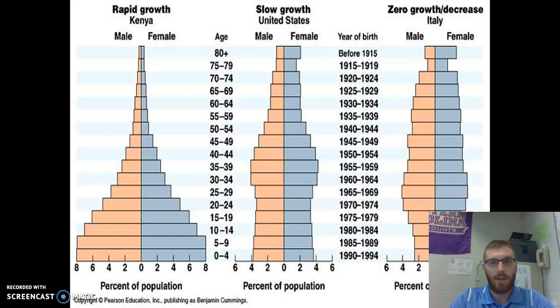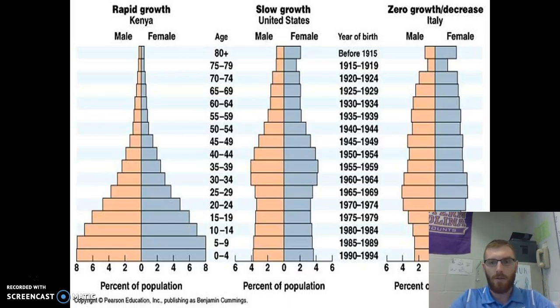Here you can see certain countries as they change versus their birth rates and death rates. And you can see the type of change. A rapid growth means that one is very, very small up at the top, but exploding towards the bottom. Check out Kenya on the left side of the graph here. Slow growth is the United States, so our population is still growing.